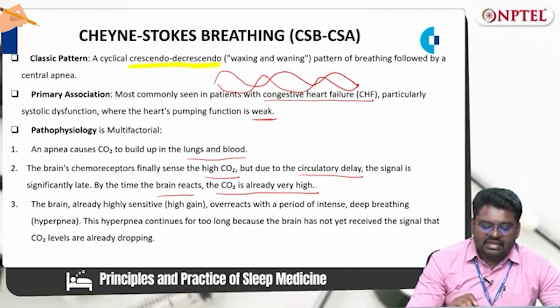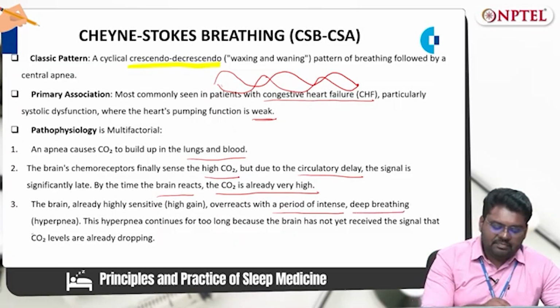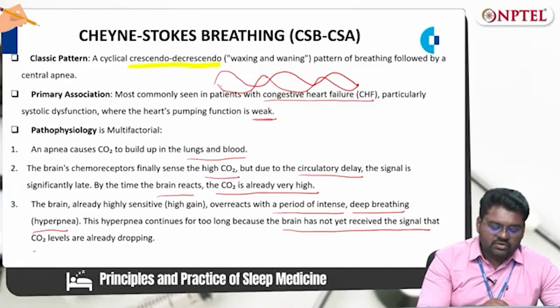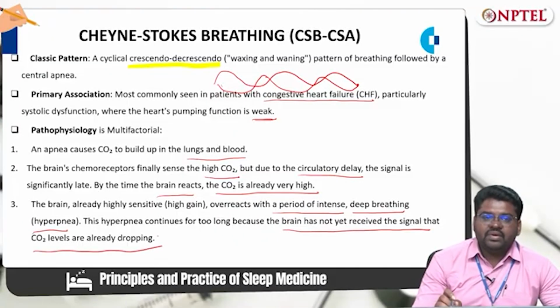The brain is already highly sensitive, so high gain overreacts with a period of intense deep breathing, that is hyperpnea. This hyperpnea continues for too long because the brain has not yet received the signal that the CO2 levels are already dropping. So in this, the heart is the major problem.